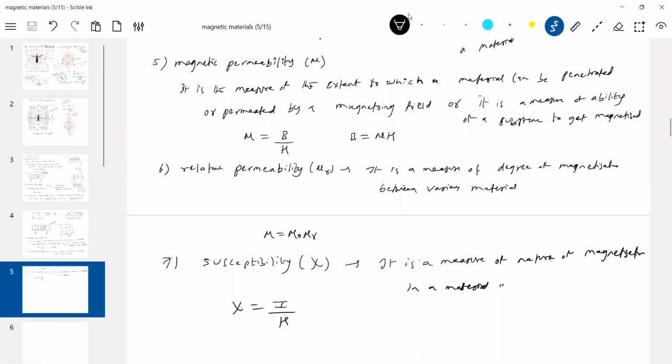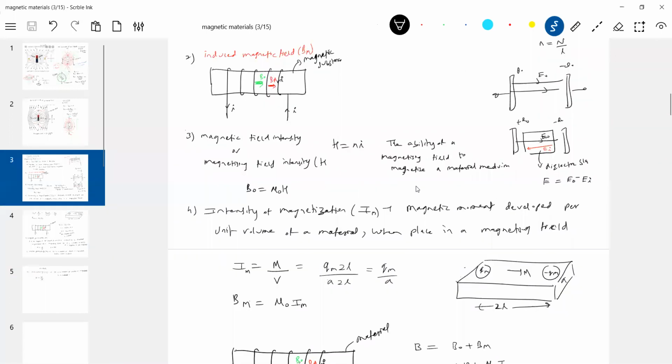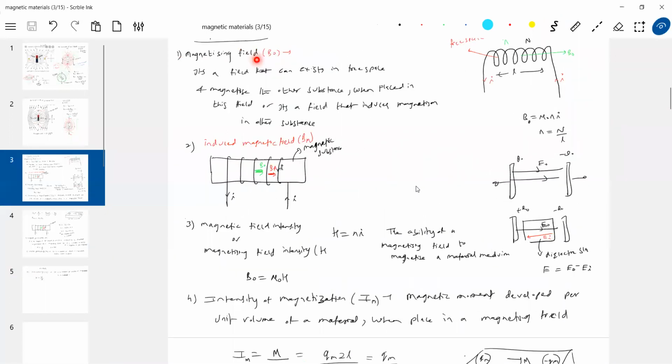I think now we are in a better position. So first, I'll just summarize so that it'll be easy for you for the coming concepts. There's a field produced by a solenoid and it can exist in free space.